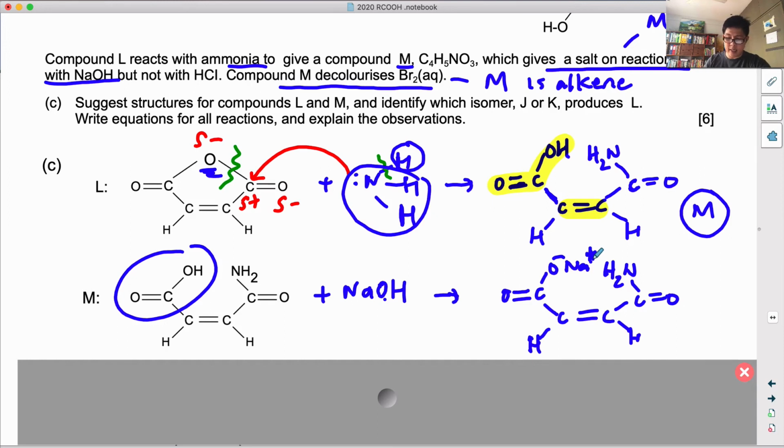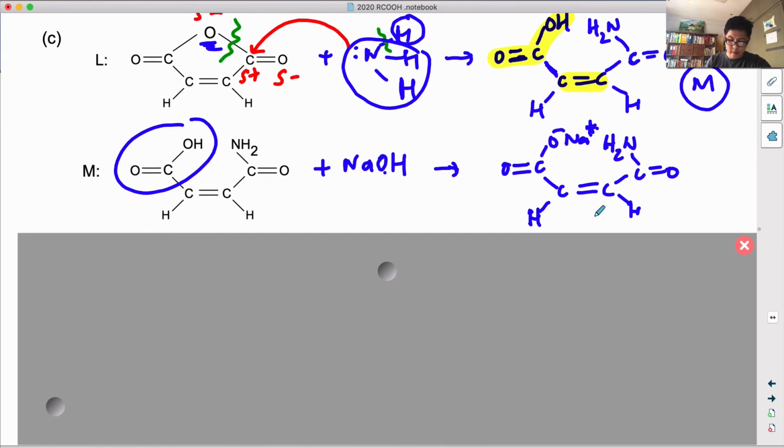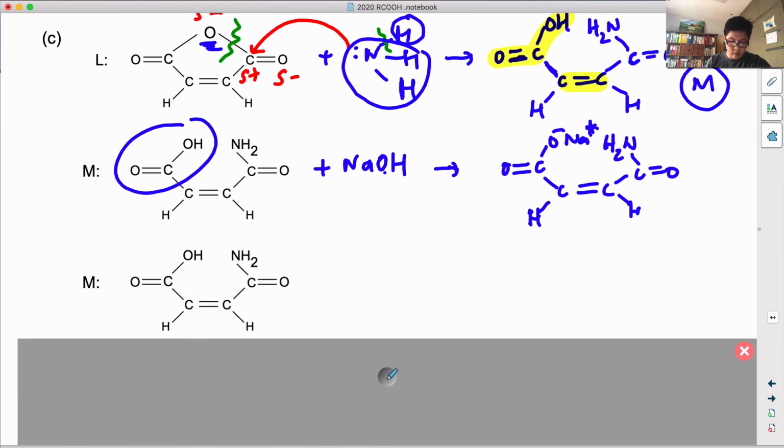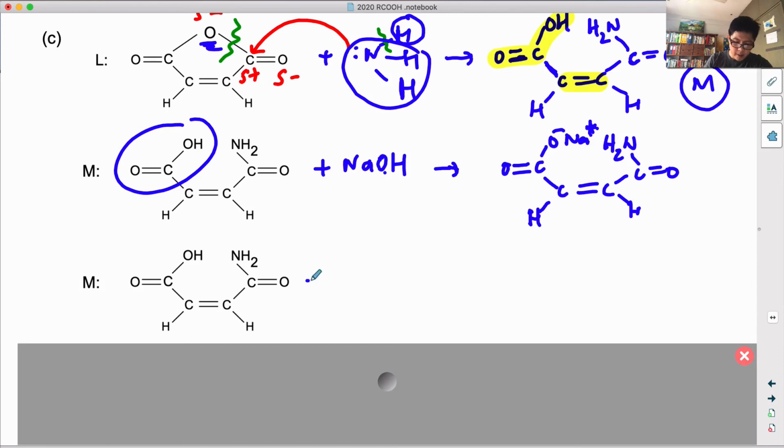The compound M decolorizes bromine. So for decolorizes bromine, I'm just going to write this equation plus Br2, sorry, plus water. So I'm going to put Br and an OH, right?